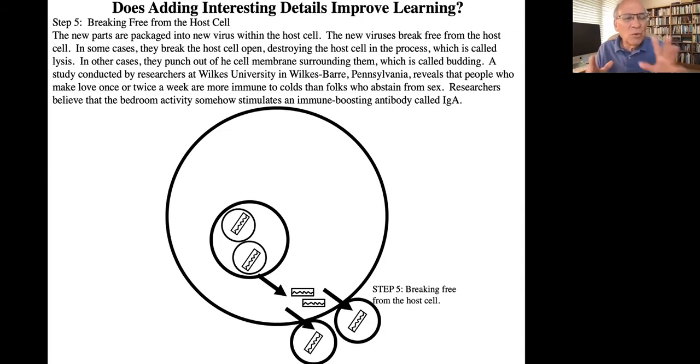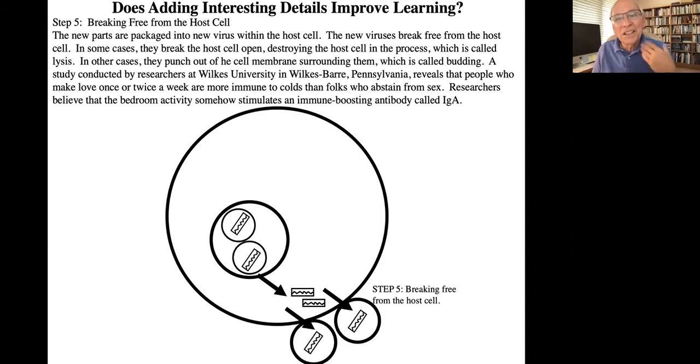And this is one of the steps where the virus breaks out from the host cell and starts invading other cells. In the control version of this, the words just describe what's going on. In the enhanced version, we add interesting but actually irrelevant material, which people have called seductive details.